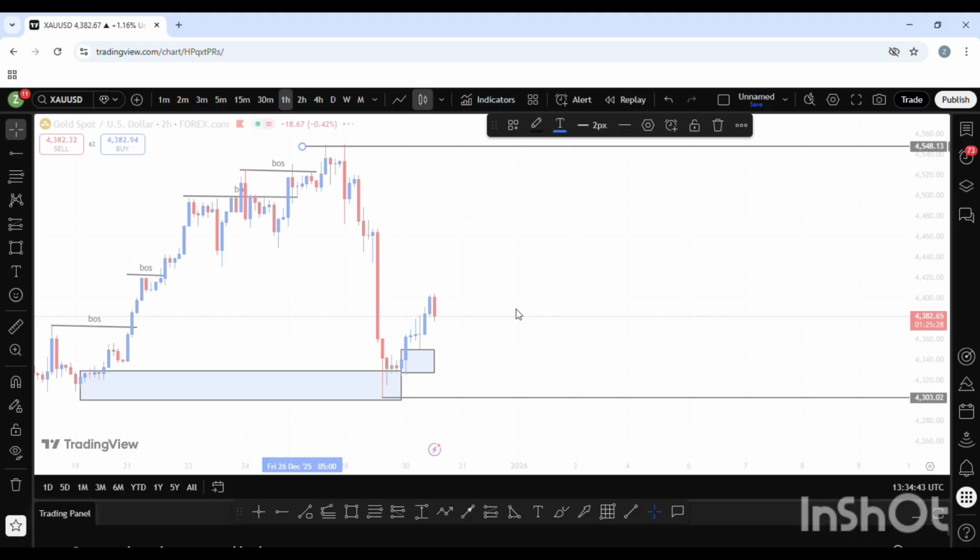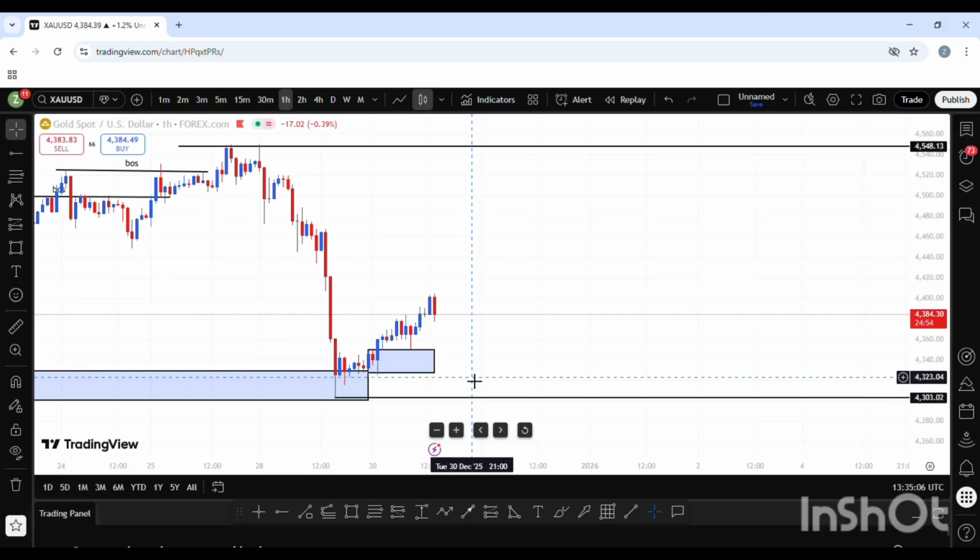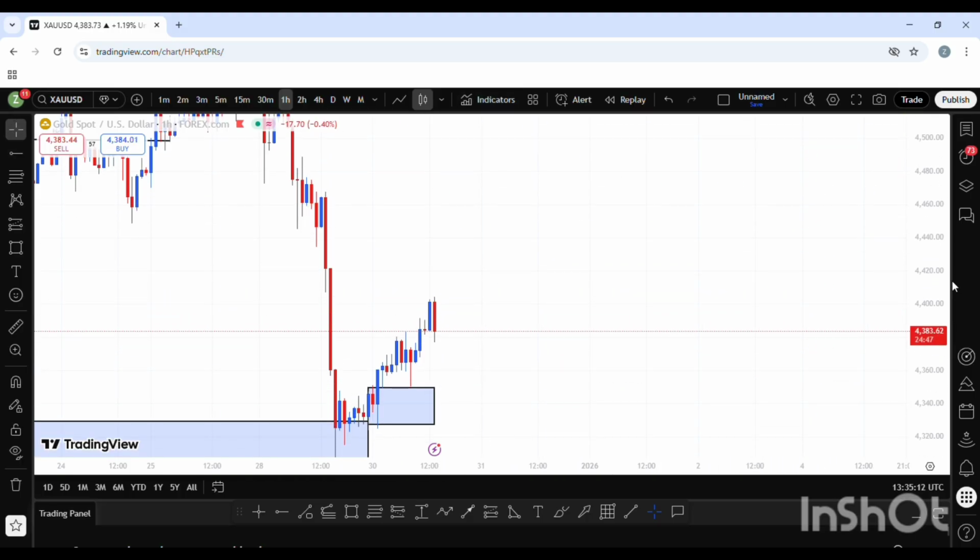Someone asked me if you can take your trades on monthly time frame. If you have that capital, remember, the higher the time frame, the higher the stop loss. For a trade you would have taken on 15 minutes with a stop loss of $20, on daily or monthly time frame you will take it at around $50 or even $100. So if you have that capital, it's okay, you can go ahead and do it.